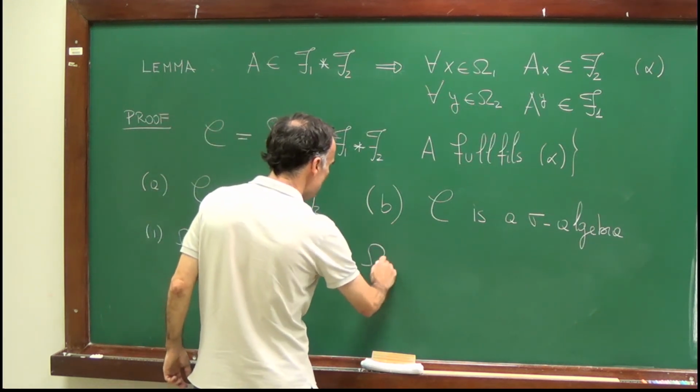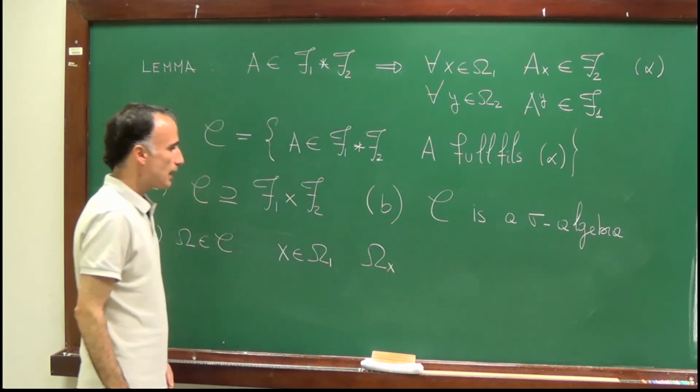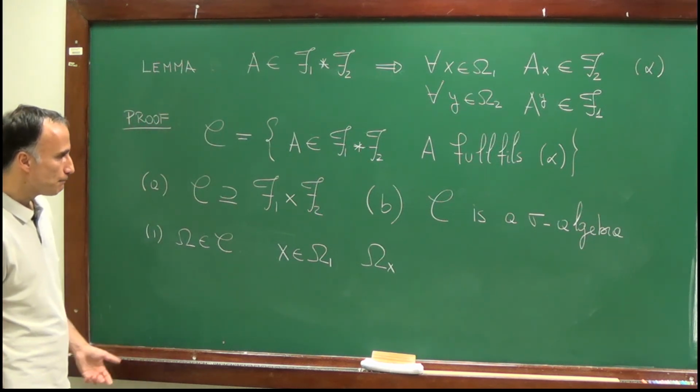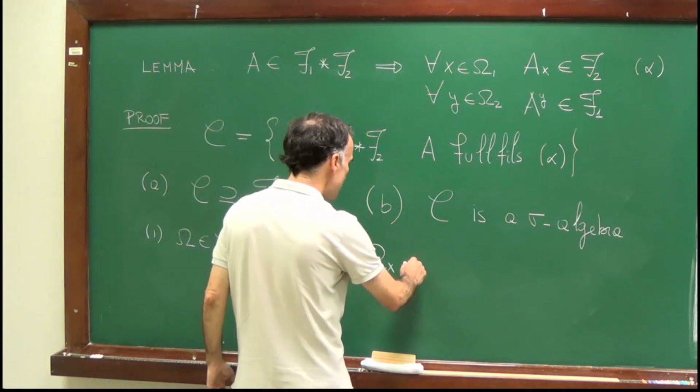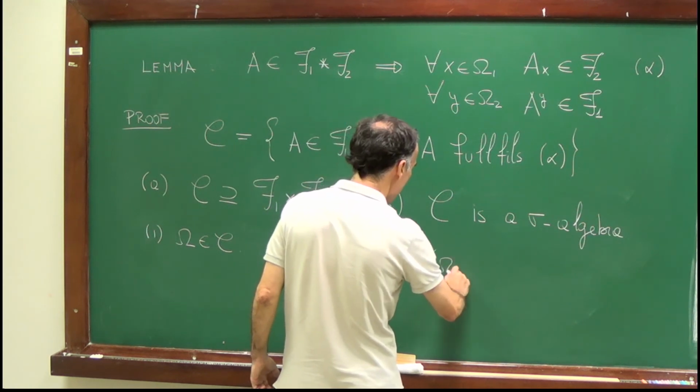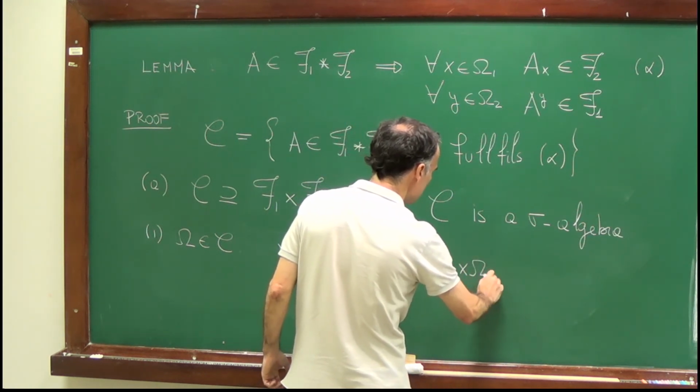Let's consider the cross-section at x of omega. Well, omega is the set omega 1 times omega 2.